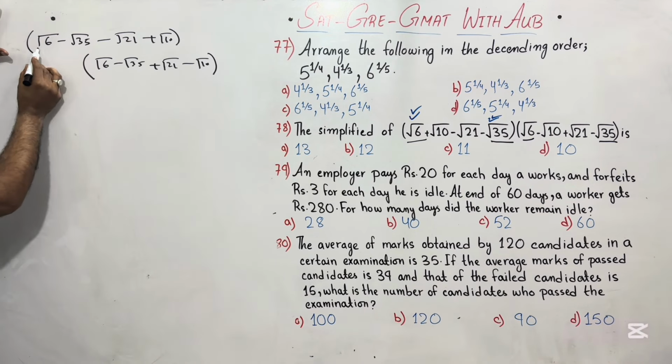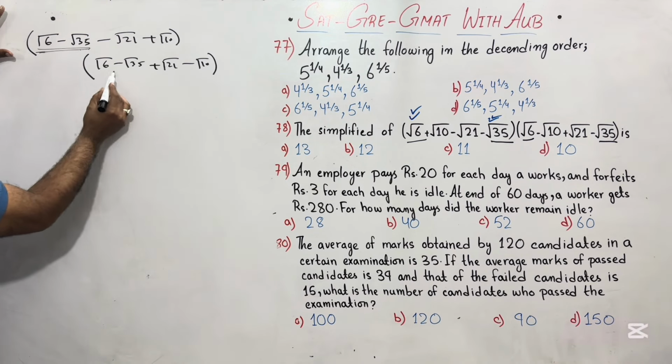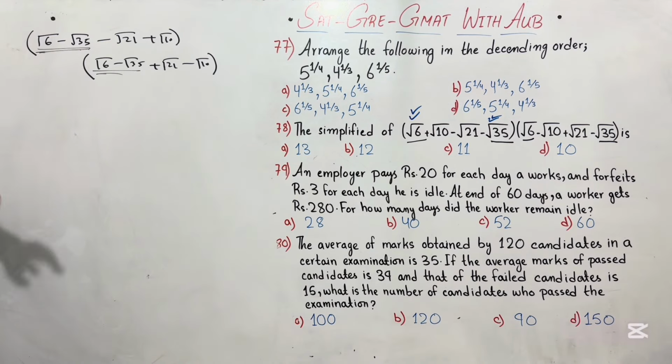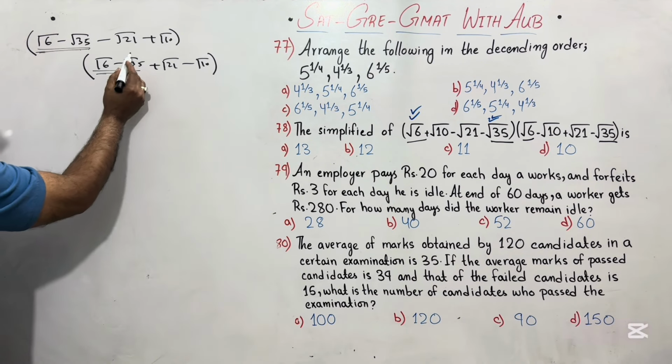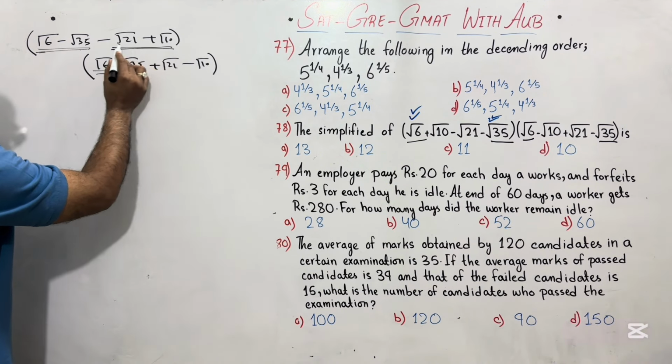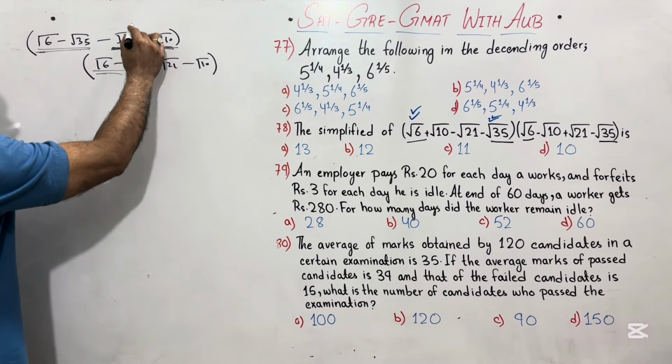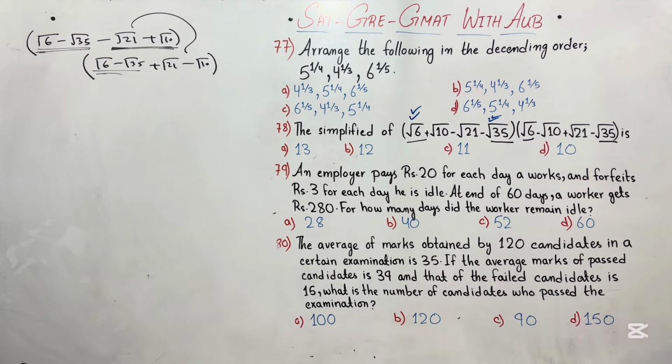Now look at this. This part is identical in both brackets, symbol-wise and magnitude-wise. If we take minus common from this, the remaining two terms have become identical symbol-wise as well.